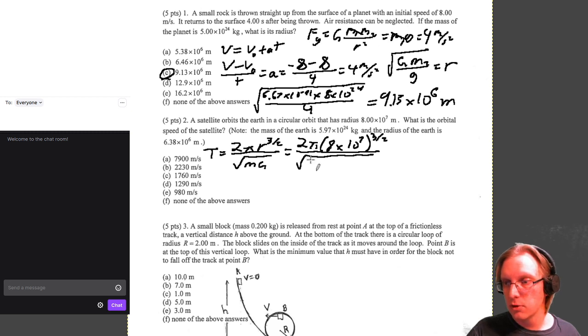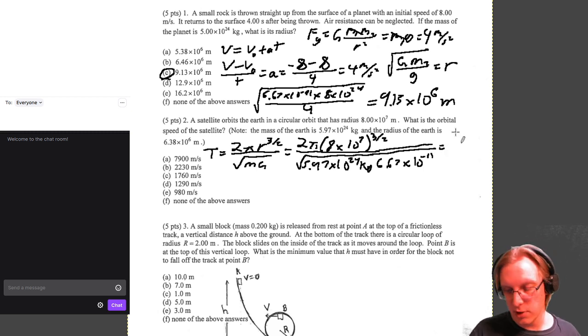Mass, right? Yep, that's 5.97 times 10 to the 24 kilograms. And G is 6.67 times 10 to the minus 11. I'll get whatever units necessary there. And now we can ask the question, what is the period of this thing?